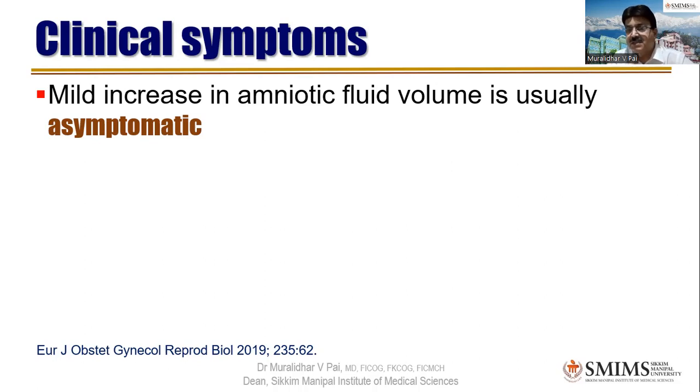If it were a sudden increase, then all of us would feel it. If we suddenly try to carry a 10 kg weight, it will be very difficult. But over a period of time, if there is a gradual increase in the weight, it's not felt. Same way, if there is a mild and gradual increase in amniotic fluid, it will remain asymptomatic.